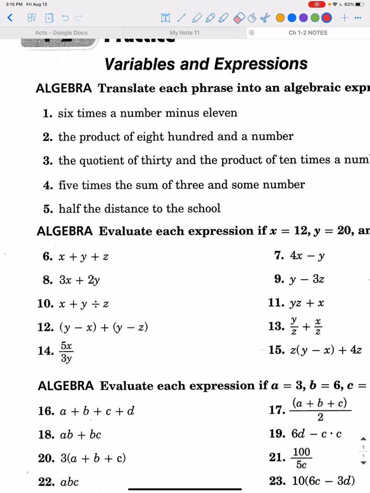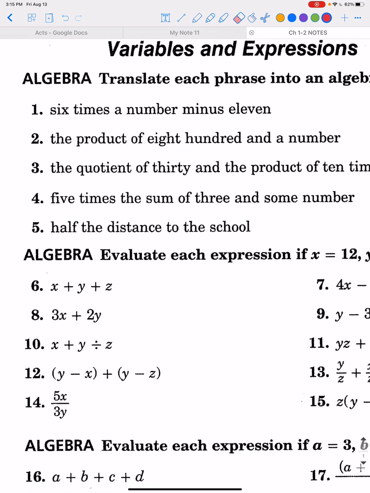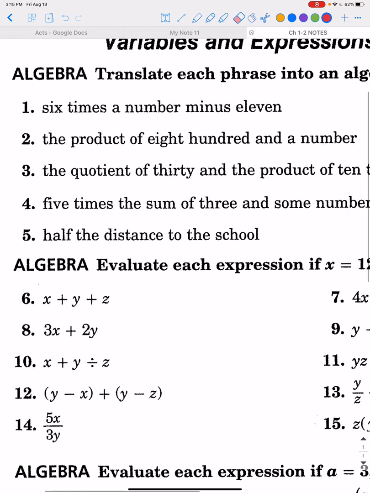And the first thing we want to do is look for those key phrases that mean operations. So first we're going to look right here. We've got times, and we know that that's times. You can use a dot or an X. And then we also have minus, right? And we know that minus is subtraction. And then what else we also have is the number 6, and the number 11.